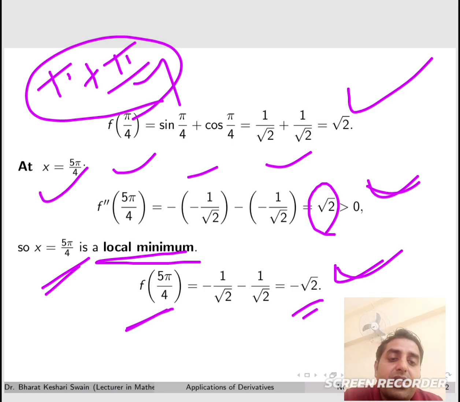So we got what? At pi by 4 it has maximum value, at 5 pi by 4 it has minimum value. So this is the way to find out maxima and minima using the second derivative test. What is the procedure? Again I repeat: first find f dash c equal to 0 and solve for c, and that will be the possible extreme points.